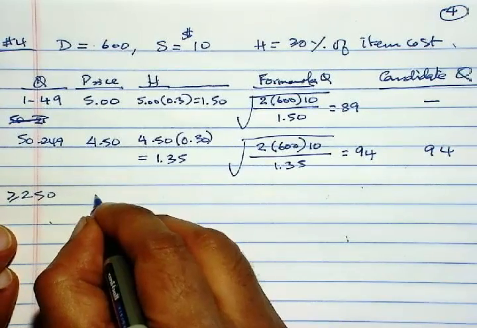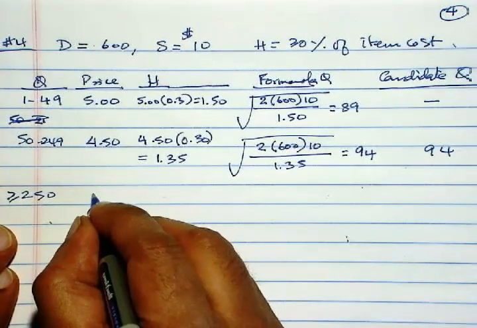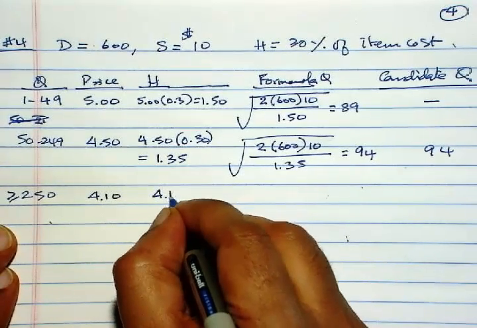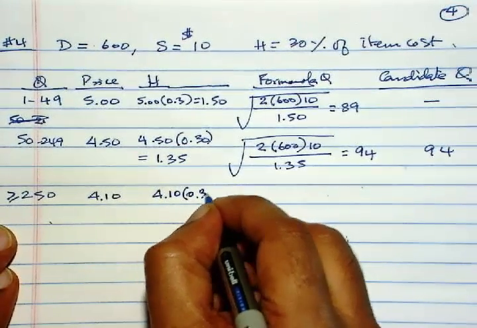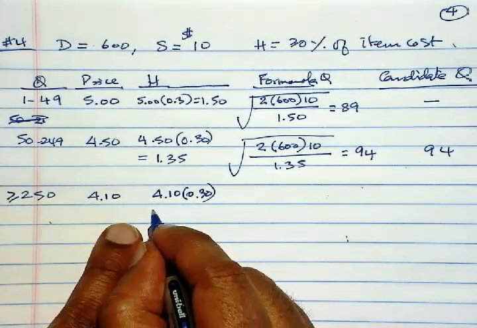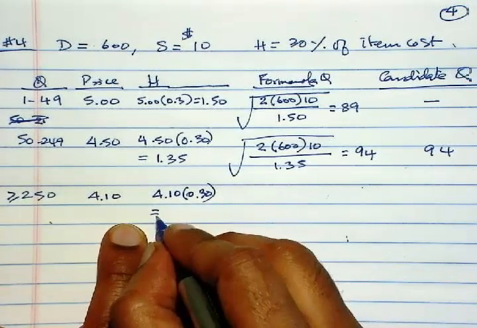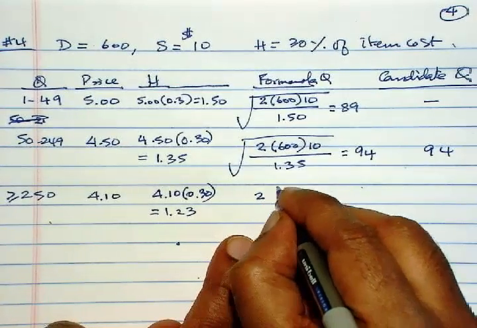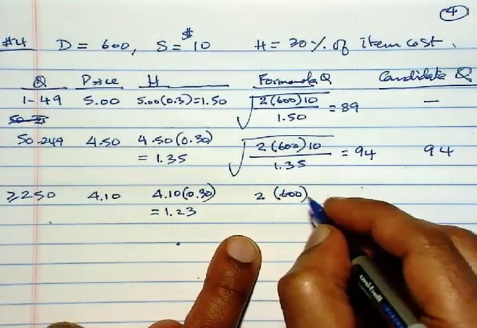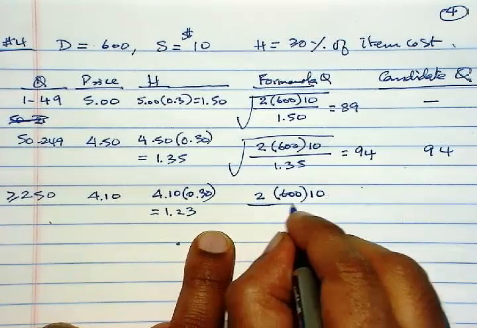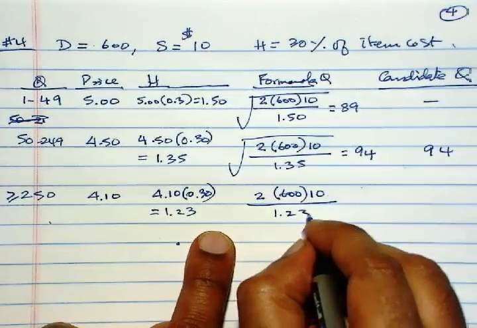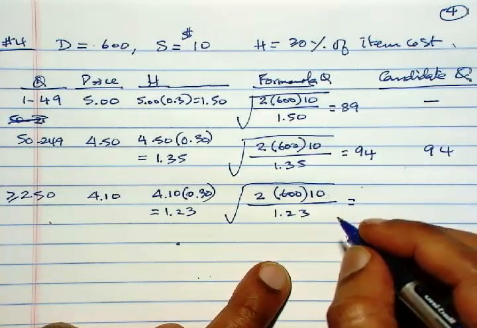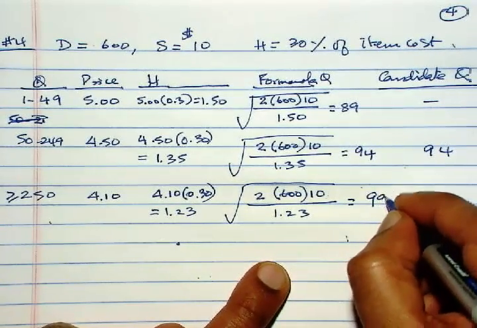Then the next price break is 250 and above, or greater than or equal to 250. And for that, the price is $4.10. So you take $4.10 and 30% of that is our holding cost, and that is $1.23. Now compute Q again, dividing by $1.23, and this turns out to be 99.